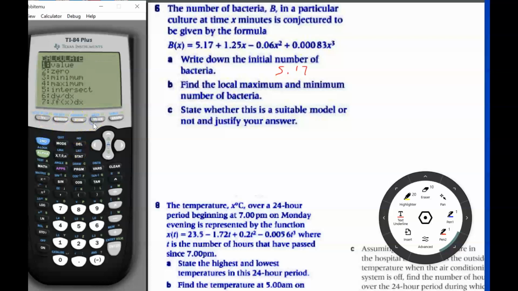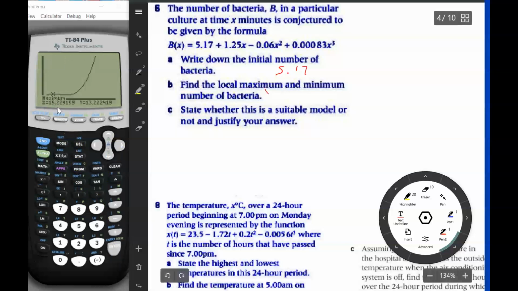Second calc max, which is number 4, and then left bound, okay, enter, and then we're going to move the right bound cursor slightly to the right of the mountain, hit enter, and just hit enter again, and the maximum appears to be 15.2, comma 13.2.